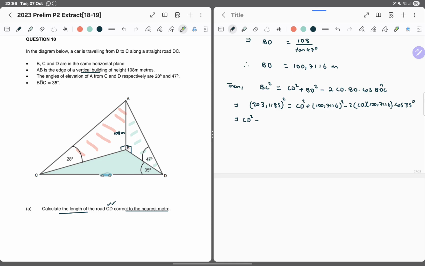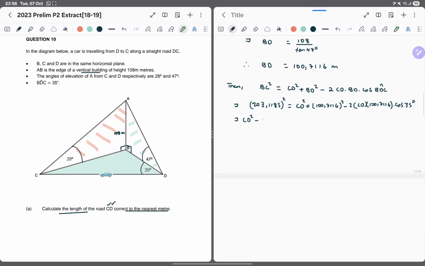So we've got 2 into 100,7116 times the cosine of 35. Now the key part here, guys, is to make sure the substitutions are good.